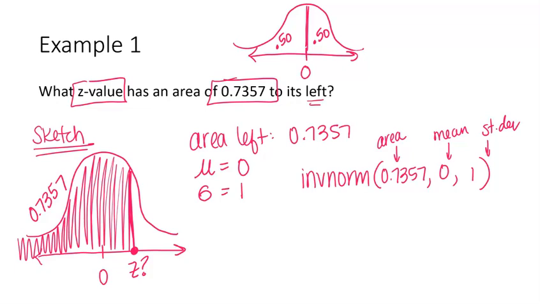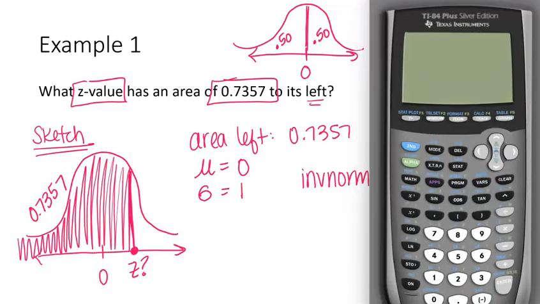And just like we've done in our last lesson, in order to get there, I'm going to go second vars down to inverse norm. Now my calculator pops up these options. If yours doesn't, then you would fill them in on the home screen. My area is 0.7357. Mu is 0, sigma is 1, and it spits out.